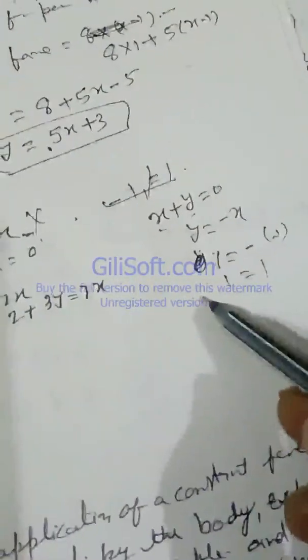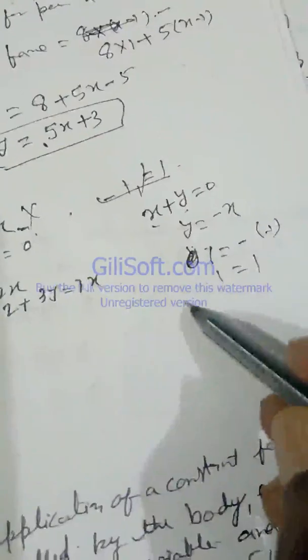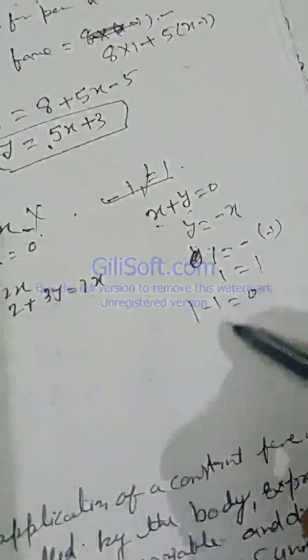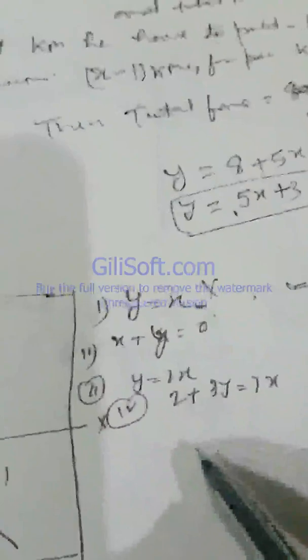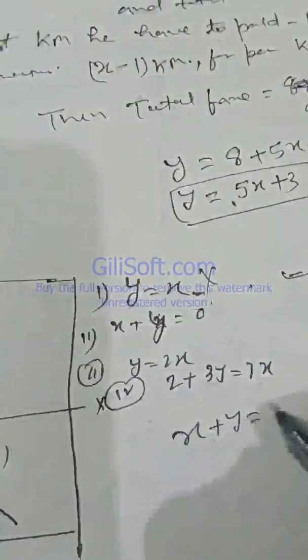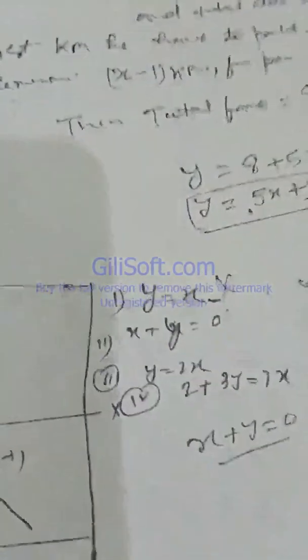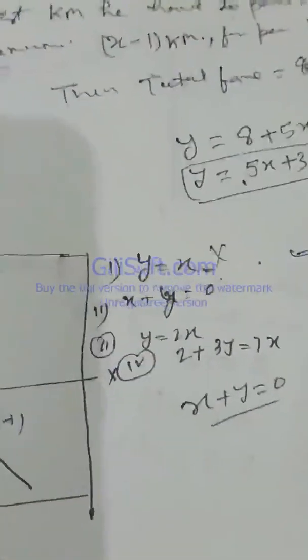Next checkpoint 1 minus 1. Look here, this is again 0. So all these 3 points are satisfied by this equation. Which equation? x plus y is equal to 0. So it is correct.